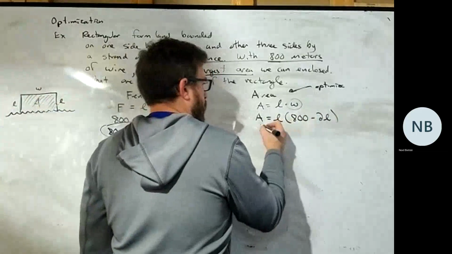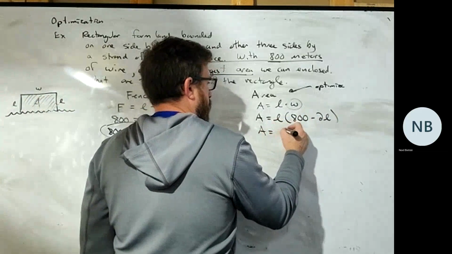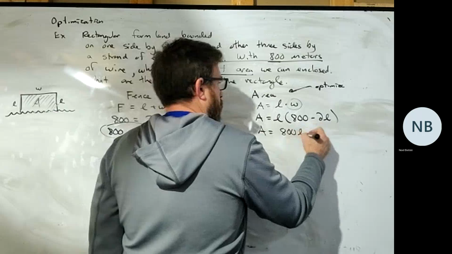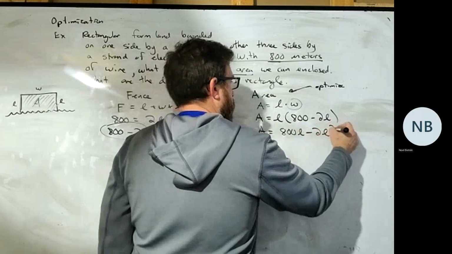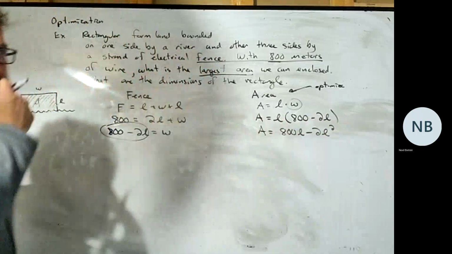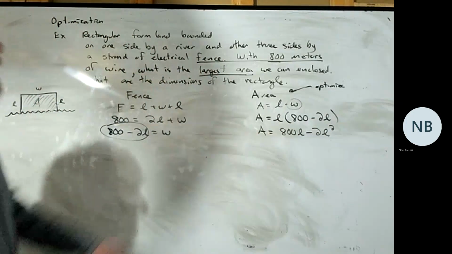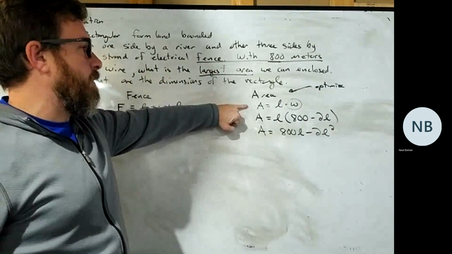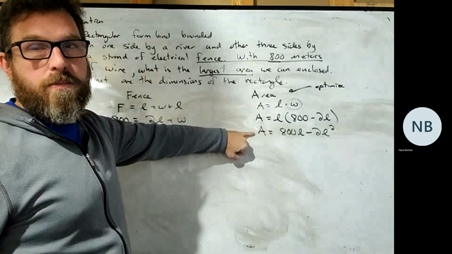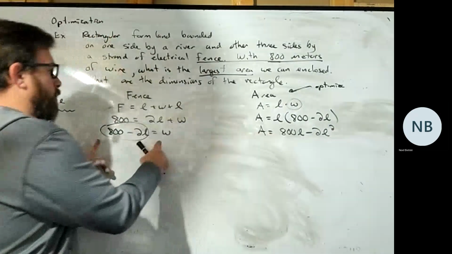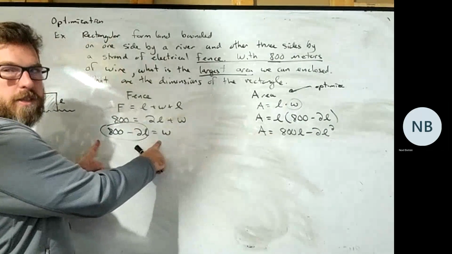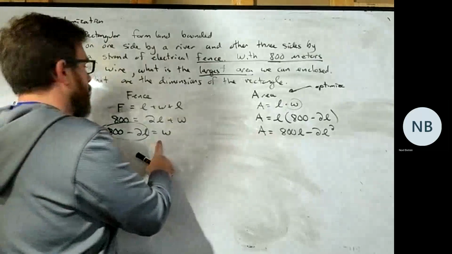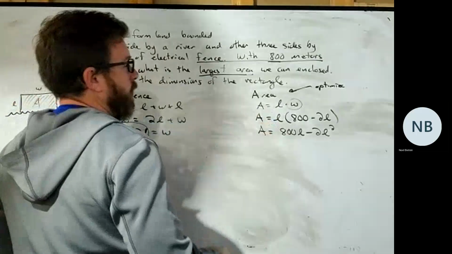And I don't want to take the derivative that way. It's easier without parentheses. So 800L minus 2L squared. Now, instead of this thing having two independent variables, it just has one. This is that system of equations kind of thing I'm talking about, that you use this to reduce the variables.